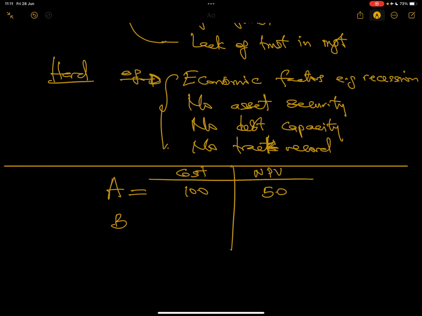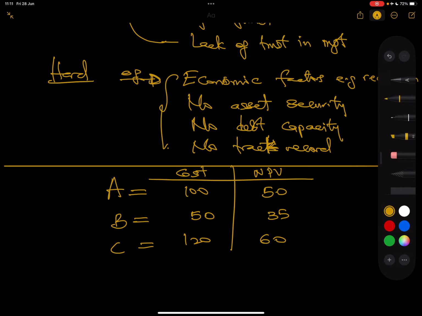Whereas asset B is going to cost, let's say 50, and is given NPV of 35. Asset C is going to cost 120 and given NPV of 60. I'll use 60. I don't want it to be the same as the first one, right? So let's say it's giving us 75.